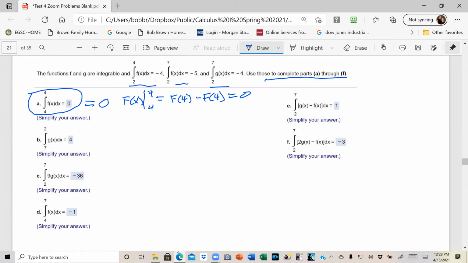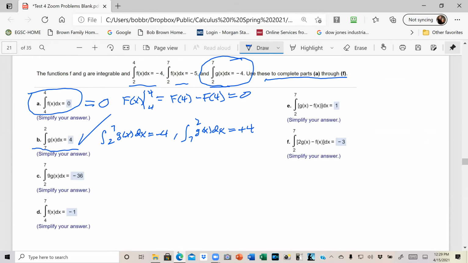Now, the next one, the integral from 7 to 2 of g of x dx. First of all, we're given that the integral from 2 to 7 of g of x dx is equal to minus 4, so we'll reverse it and go 7 to 2 of g of x dx is going to be plus 4. So that's simple enough.